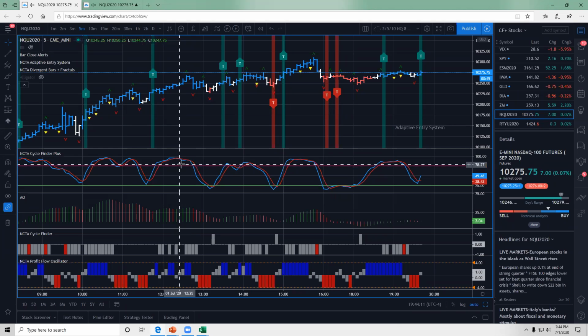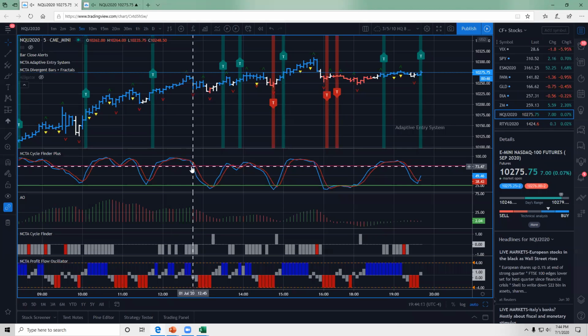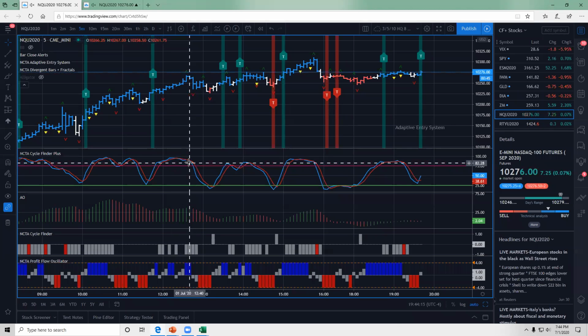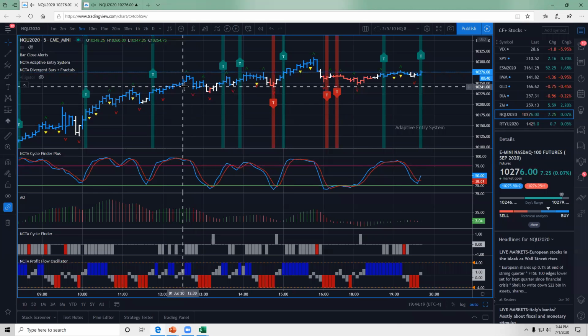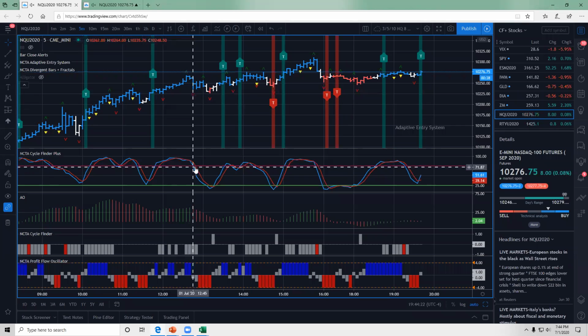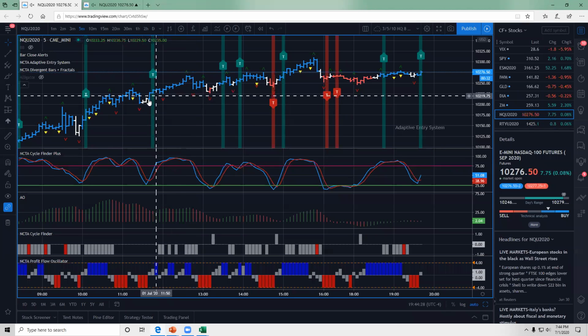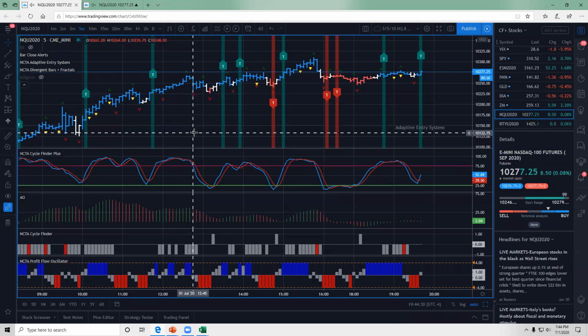You got an indication to go short right here, you got an indication to go short right here, but you're continuing to move higher. Now, you can see that the trend continued. Eventually, that short indication on the Cycle Finder Plus followed through, all in the context of a rising bias trend.